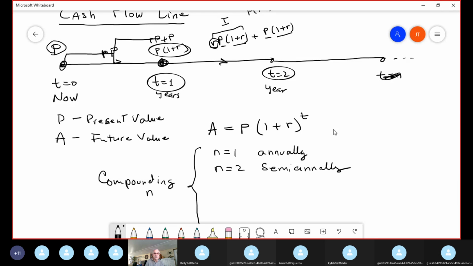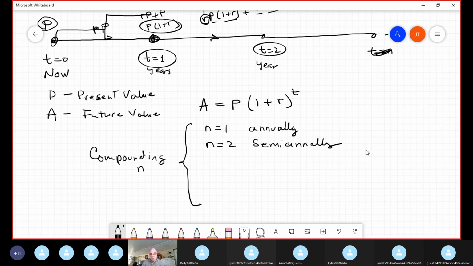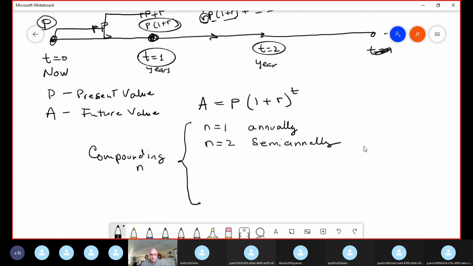So basically compounding is a number. Maybe it's 1, it's 2, it's quarterly. You divide the year into different new periods. For example, N equal 4 is quarterly. N equal 12 is obviously monthly.